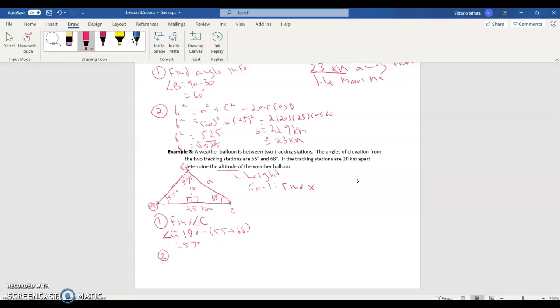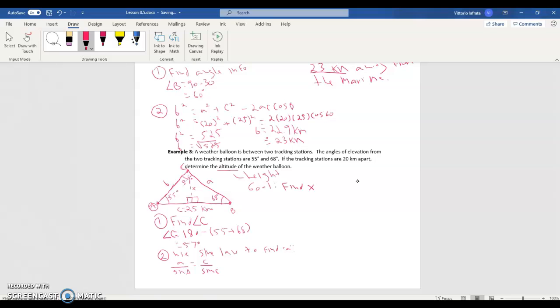So use sine law to find length of A. Since we're looking for a length, we're going to write A over sine A is equal to, let's do angles that we know, side C over sine C. This would be side little c here. This would be side little b here because we do the opposite.